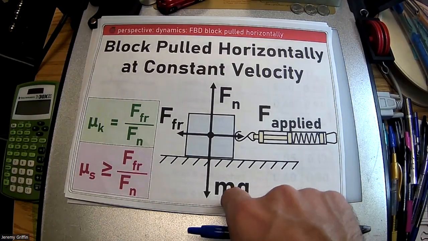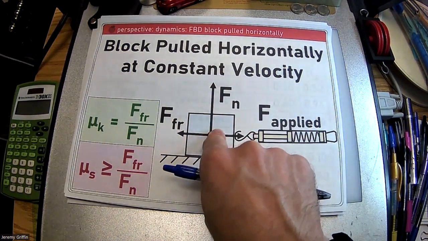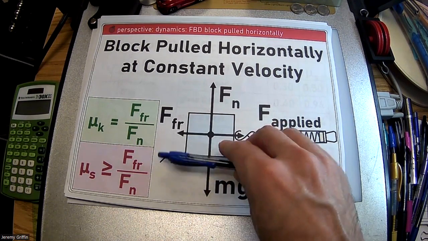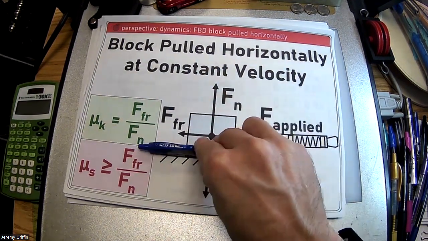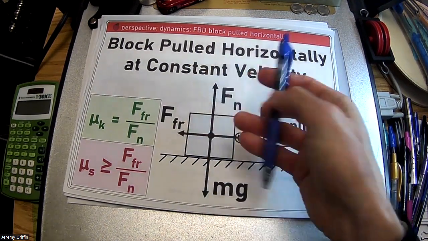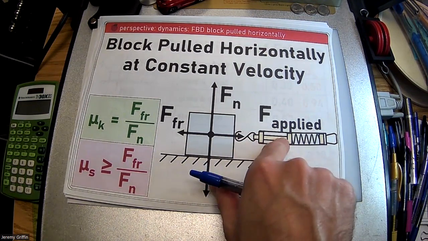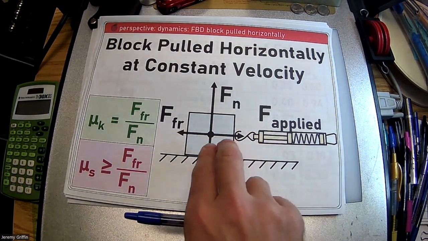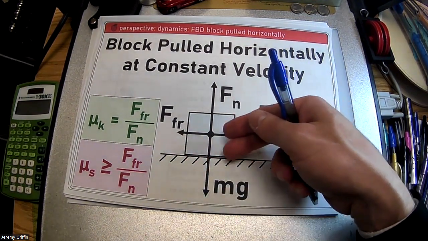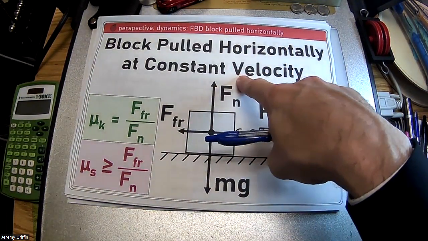That's a common one too. What's this force called? Normal force. And normal means perpendicular. So if it's a horizontal surface, it'd be a vertical force. And then you've got some applied force from the spring scale, and then a friction force. And notice everything cancels out. The 2 verticals cancel, the 2 horizontals cancel, so that it's constant velocity.